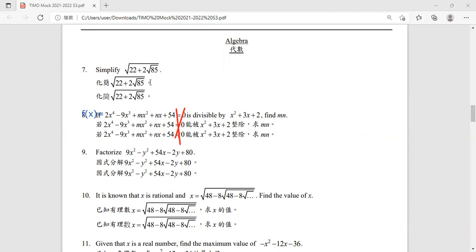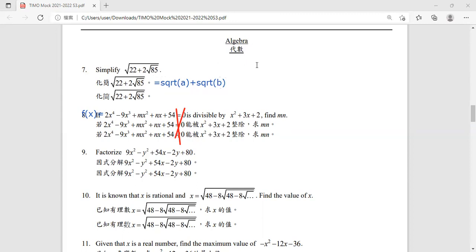Now I have to simplify this one. Imagine it becomes square root A plus square root B. Then you square both sides.